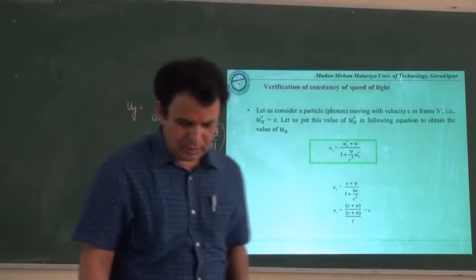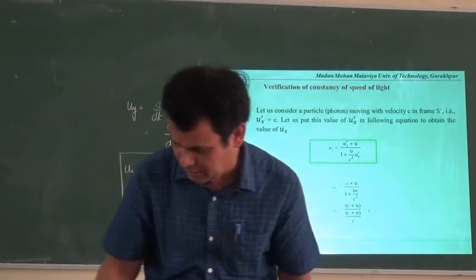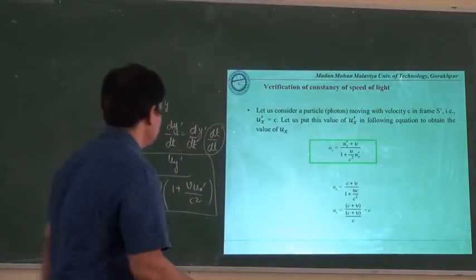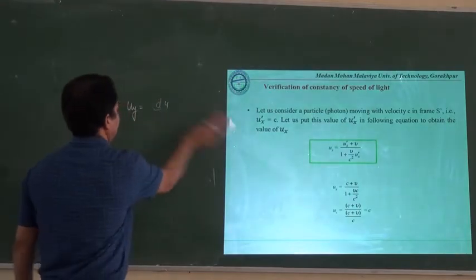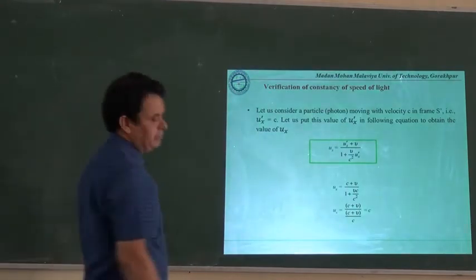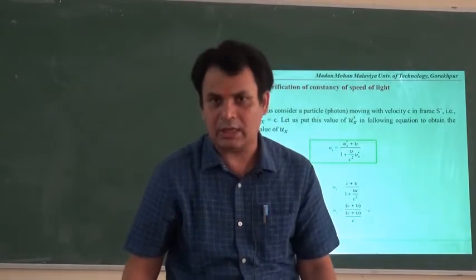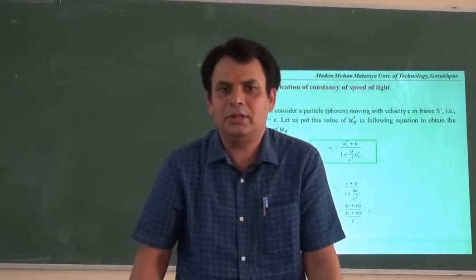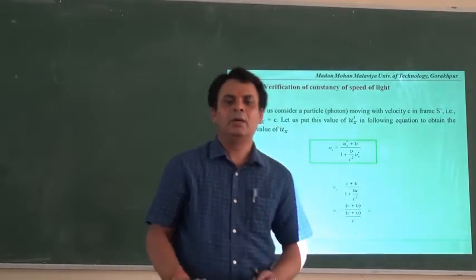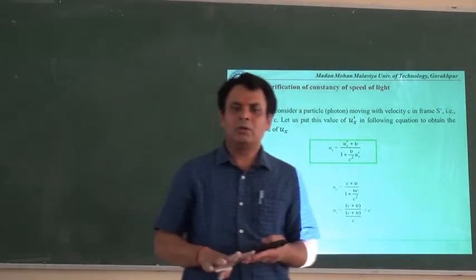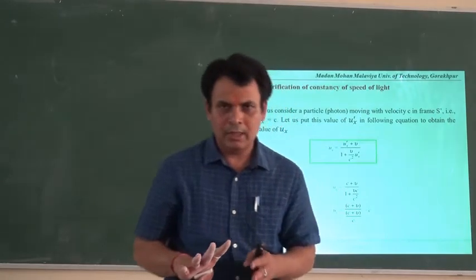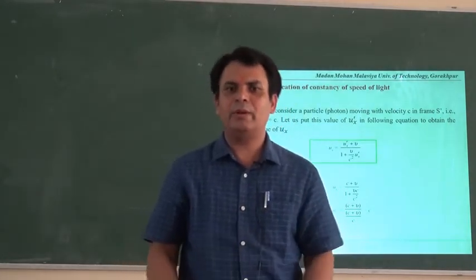Here is one most important point that I have already discussed during the discussion of the postulates of the special theory of relativity, in which Einstein suggested that the speed of light remains constant. It has nothing to do with the position of source and observer. Whatever the position of source, whatever the position of observer, c will always be c.